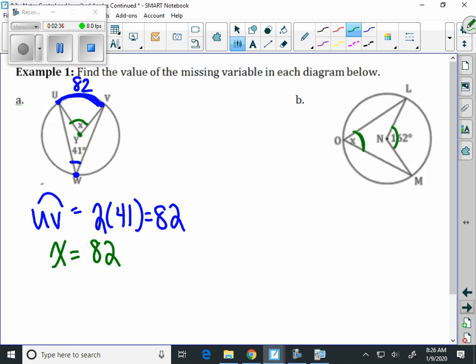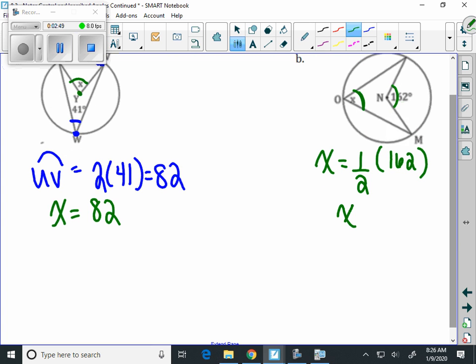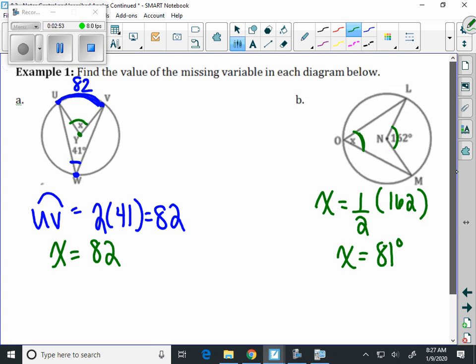And what we get then is that X equals 1/2 of 162. And use decimals, use your calculator to figure that out, but half of 162 is going to be 81 degrees. Again, I look at it from the perspective that this is a central angle.